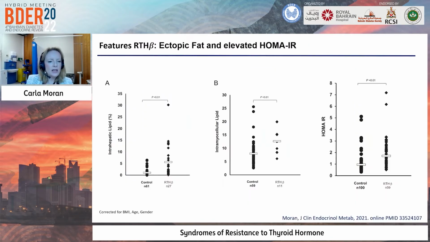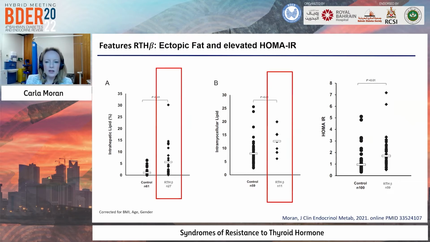And the patients have raised intrahepatic lipid. They have raised intramyocellular lipid. And in keeping with this, they have insulin resistance as measured by an elevated HOMA-IR. So we feel that these findings reflect resistance at the level of the liver to thyroid hormone action.